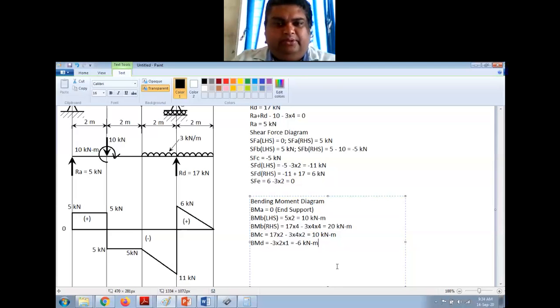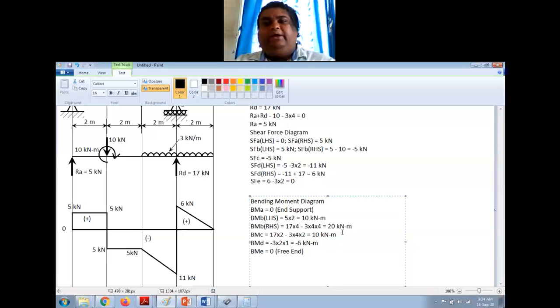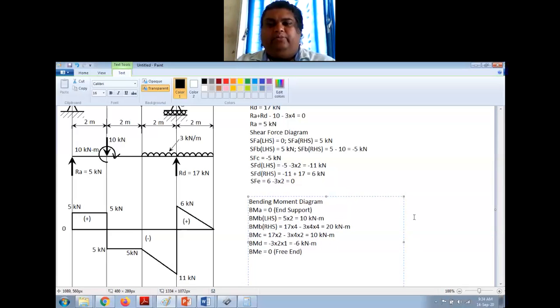So BMD is done, and BME is equal to 0 because it is a free end. Whenever you have a free end or a simple support, the bending moment is equal to 0.